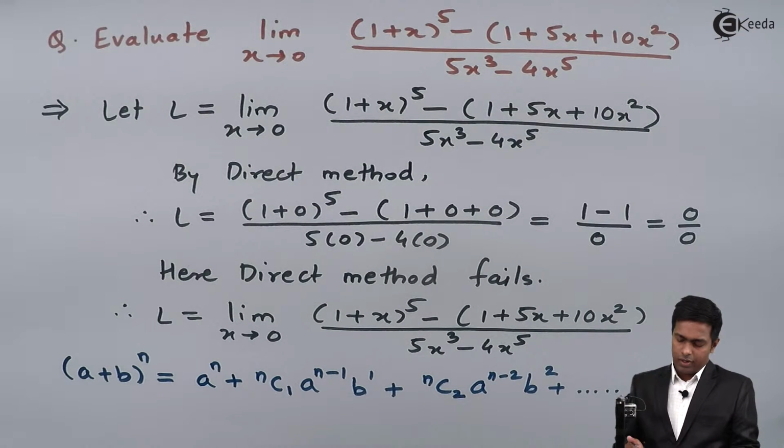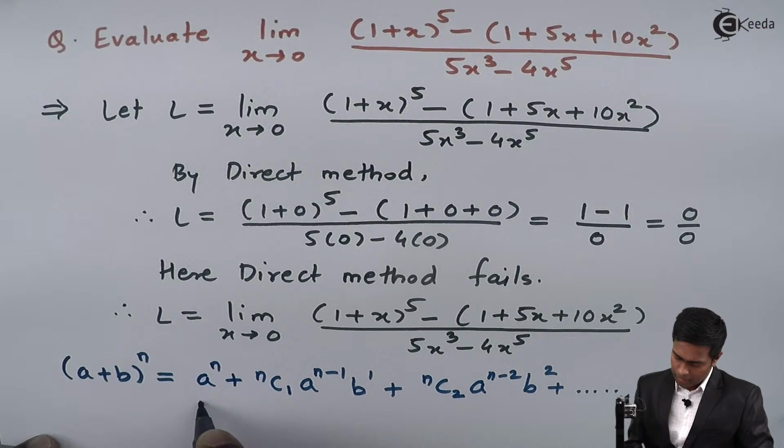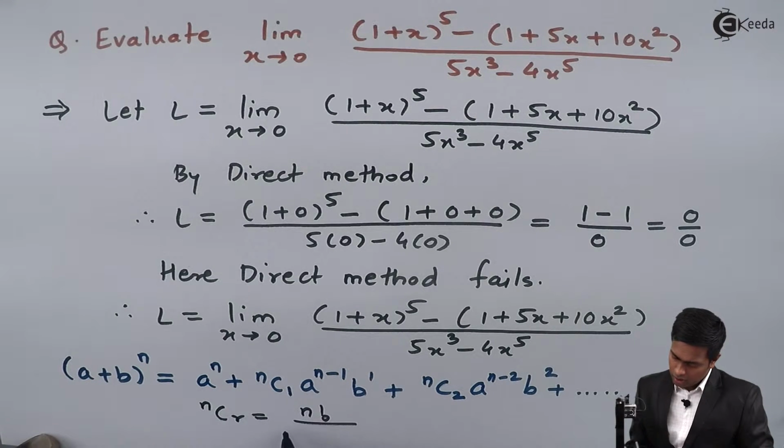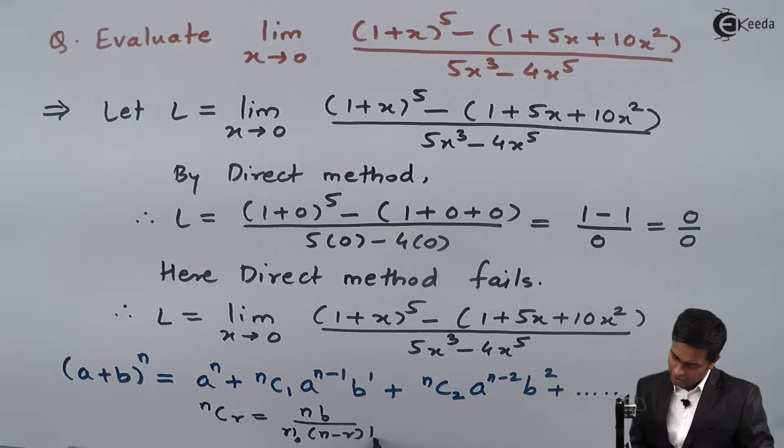And the value of nCr we can find out by using the formula nCr, that is n factorial upon r factorial into n minus r factorial.